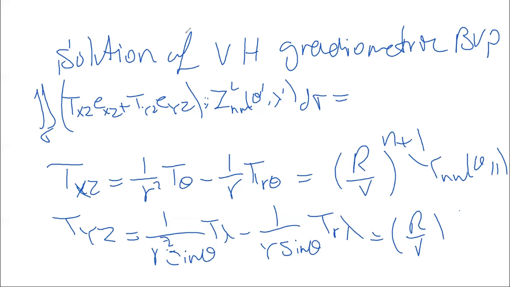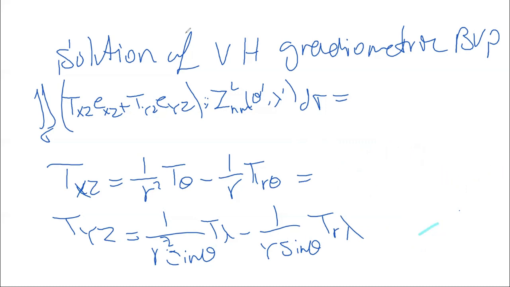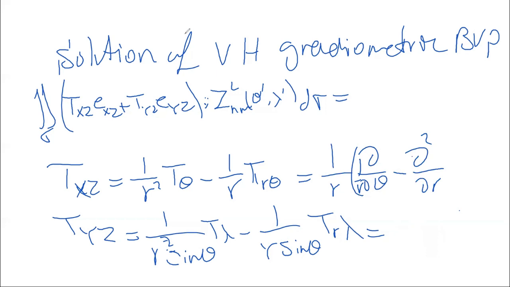Let me take the derivative, you can see directly. 1 over r², I will take it outside, ∂/∂r on Y with θ minus, this will be 1 over r actually, and it will be ∂²/∂r∂θ.